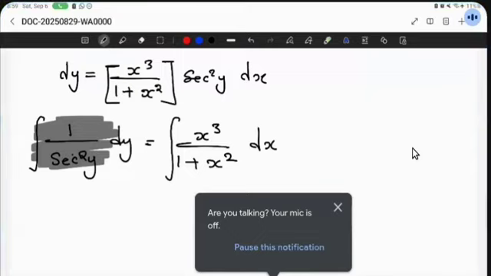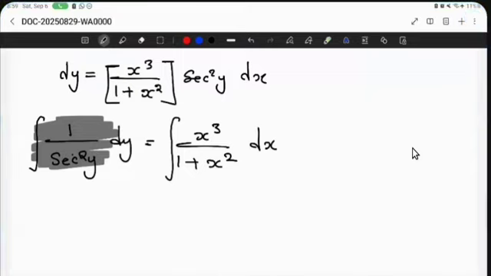Yeah, definitely we'll have to use trigonometry. What's the first thing you want to use from trig? Like the identity for sec squared. What identity? No, we'll not go that way.